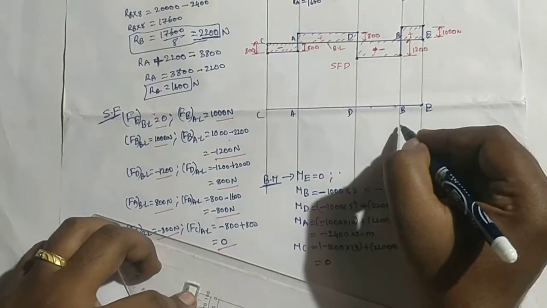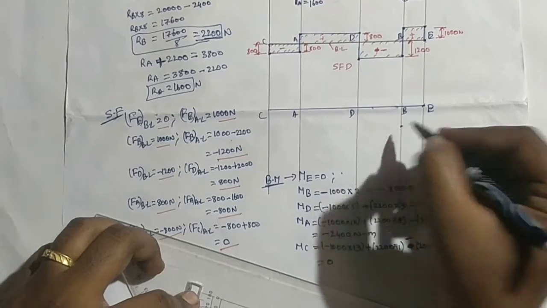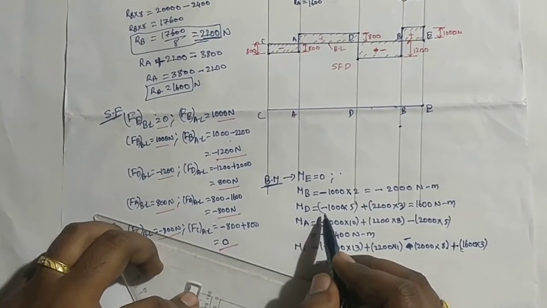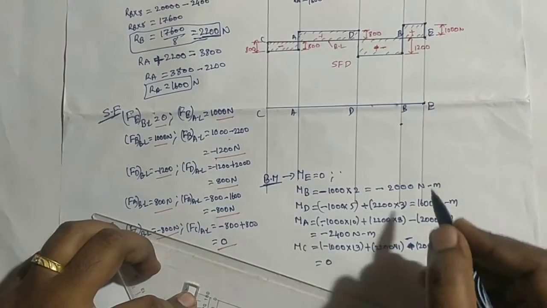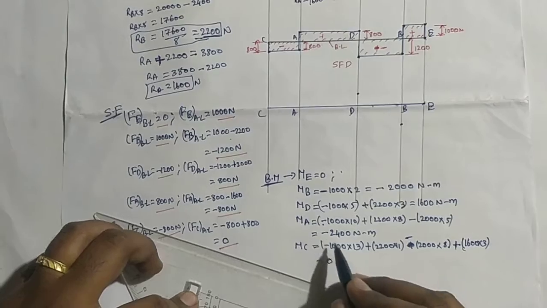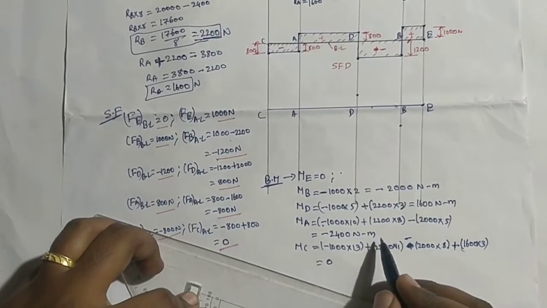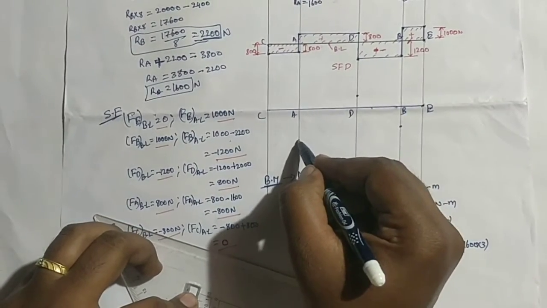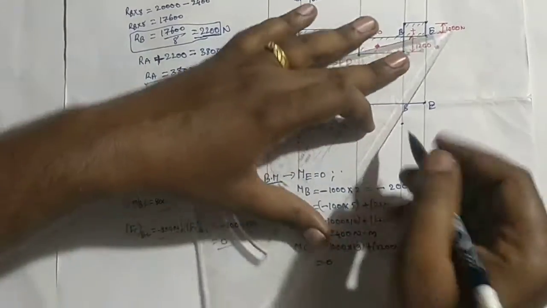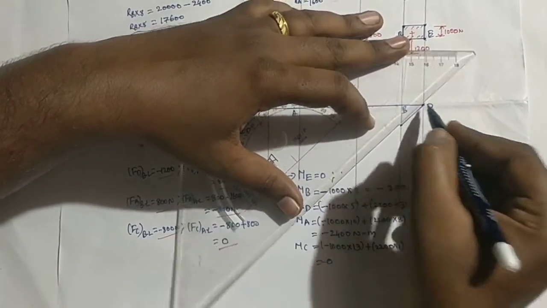Minus means we need to locate it below the baseline. Next, bending moment at point D is 1600 Newton meter. 1600 means we need to locate it above the baseline. Next, bending moment at point A is minus 2400, so we need to locate it below the baseline. Next, bending moment at point C is 0. Next, join all the points.